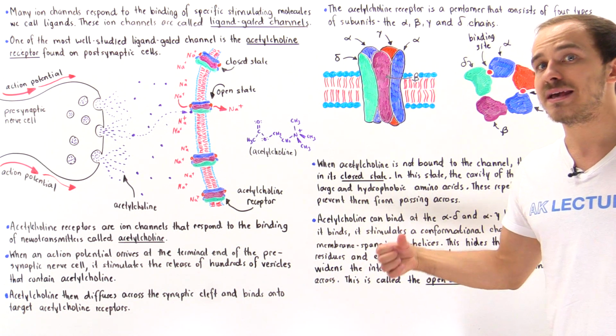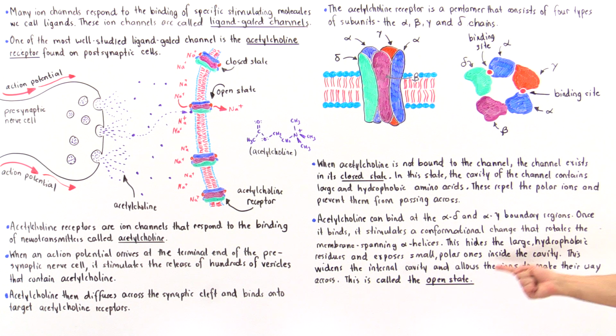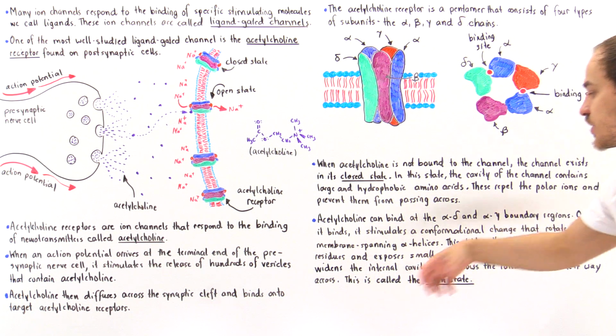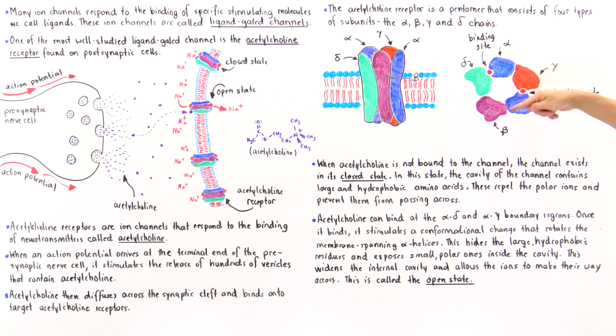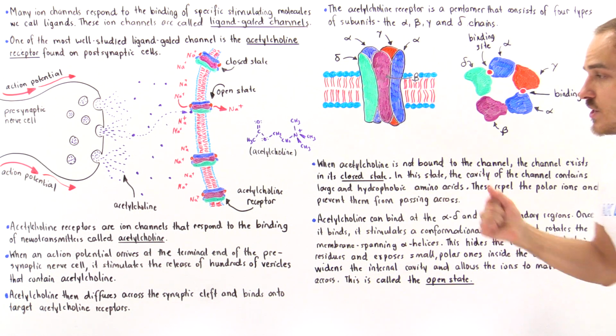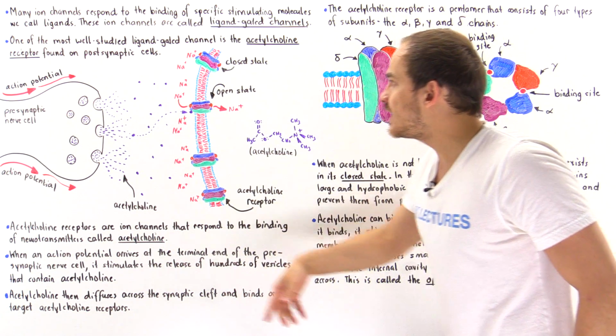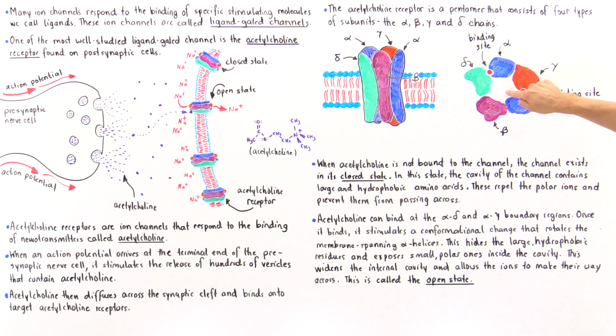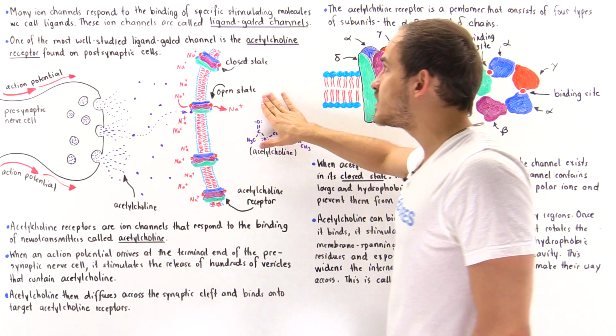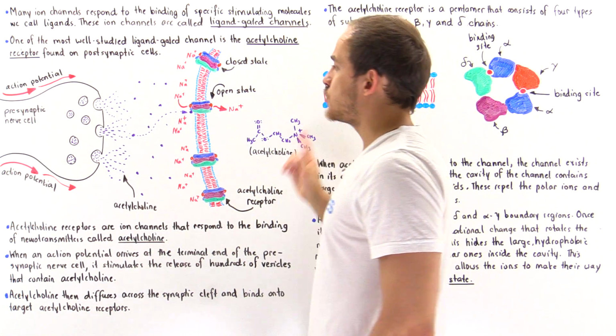At the same time, it exposes those small polar amino acids within that internal cavity. This widens the entire cavity, and because now we have these polar amino acids, these ions can easily diffuse across that cavity of that channel, and this is known as the open state of the ligand-gated channel.